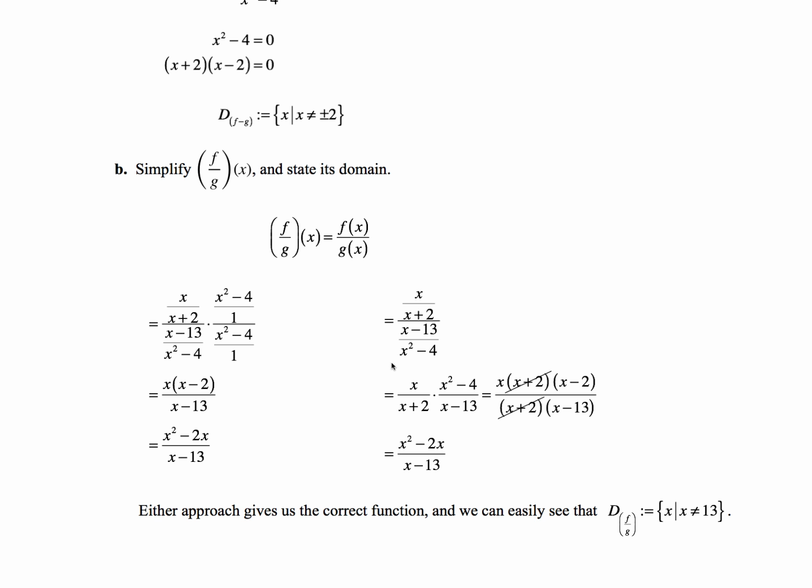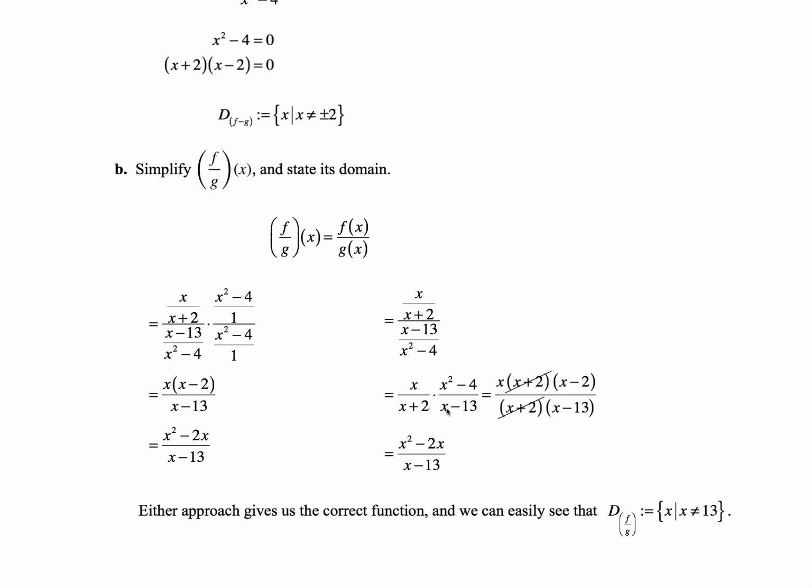And now the other approach has us write the complex fraction as the numerator, x over x plus 2, divided by x minus 13 over x squared minus 4, which is the same thing as multiplying by the reciprocal of x minus 13 over x squared minus 4.